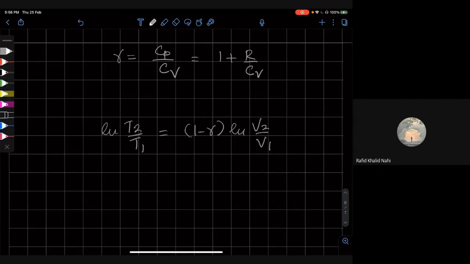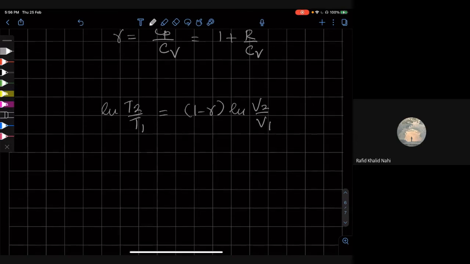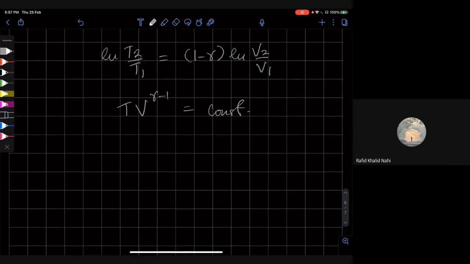And then you can use the relationship between T and V, and so this basically tells you that T times V to the power gamma minus 1 is some constant. And you can express this in terms of P and V. And if you do that, then P times V to the power gamma is some constant.